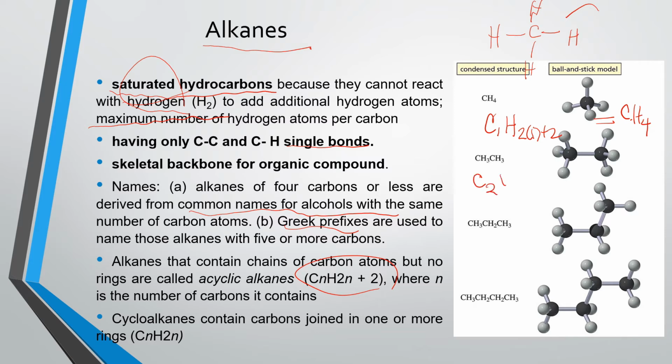Paano naman, sir, pag dalawa? Dalawang carbon, ilang H? 2 times 2 plus 2. So, C2H, 2 times 2, 4 plus 2, 6, C2H6. Ano pag tatlo? C3, H, 2 times 3 plus 2. 2 times 3, 6 plus 2, 8.